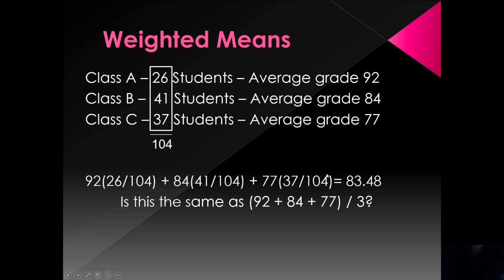Okay? One more thing about weighted means. When you're working out the problem, when you calculate the individual classes, I want you to keep the numbers only 2 places to the right of the decimal point, kind of like this.